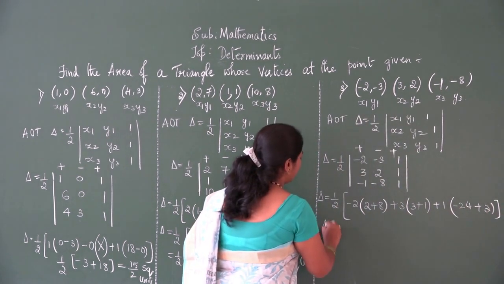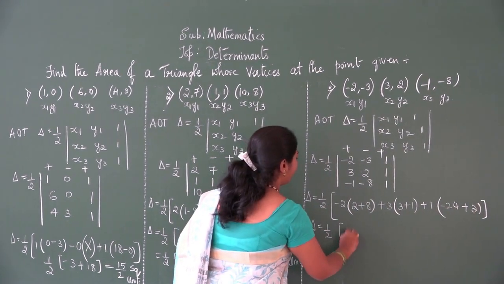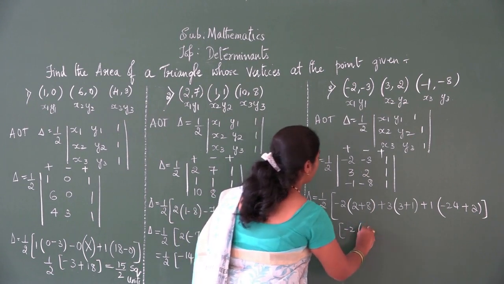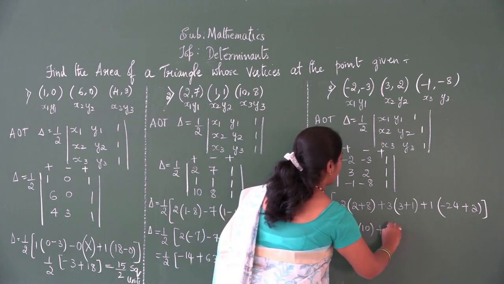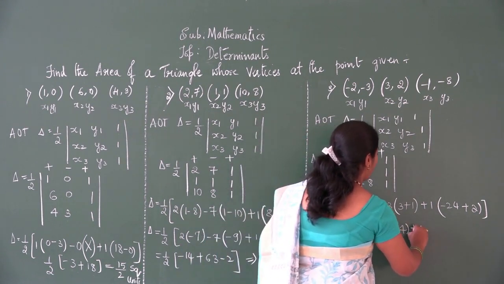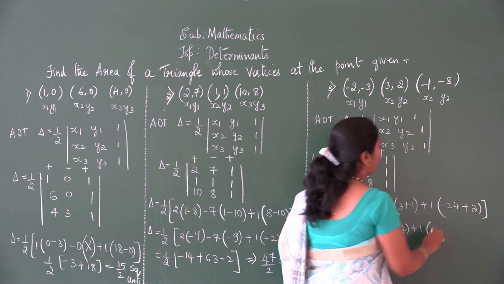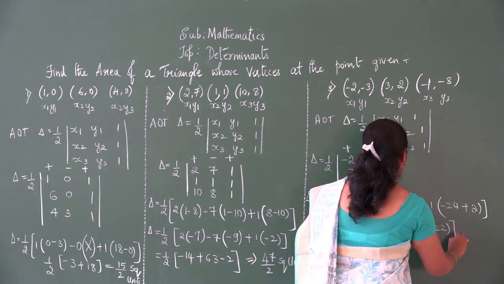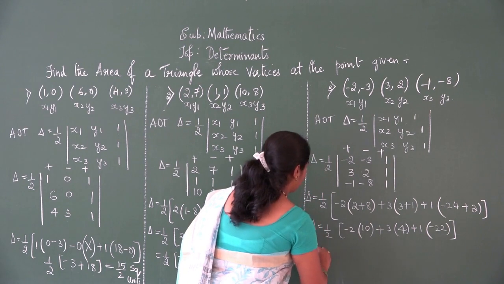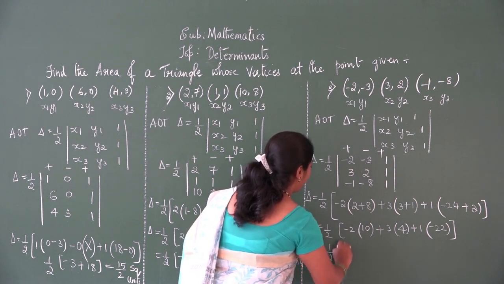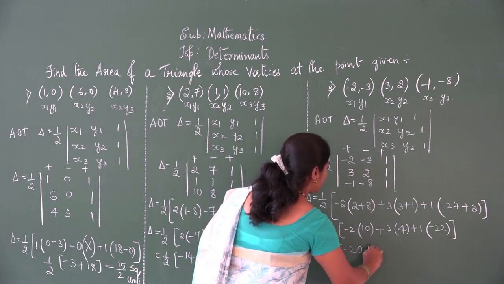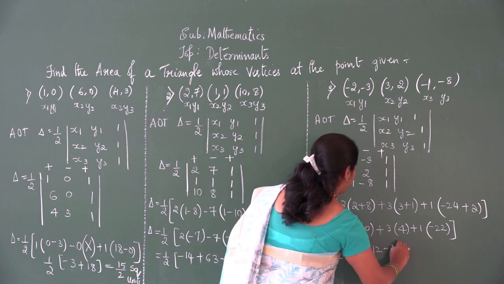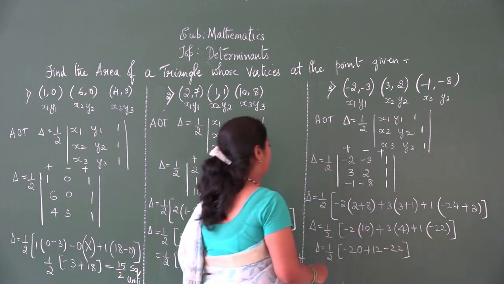So this is delta equal to half into minus 2, 8 plus 2, 10 plus 3 into 3 plus 1, 4 plus 1 into minus 24 plus 2 minus 22. This can be written as delta is equal to half into minus 20 plus 12 minus 22.